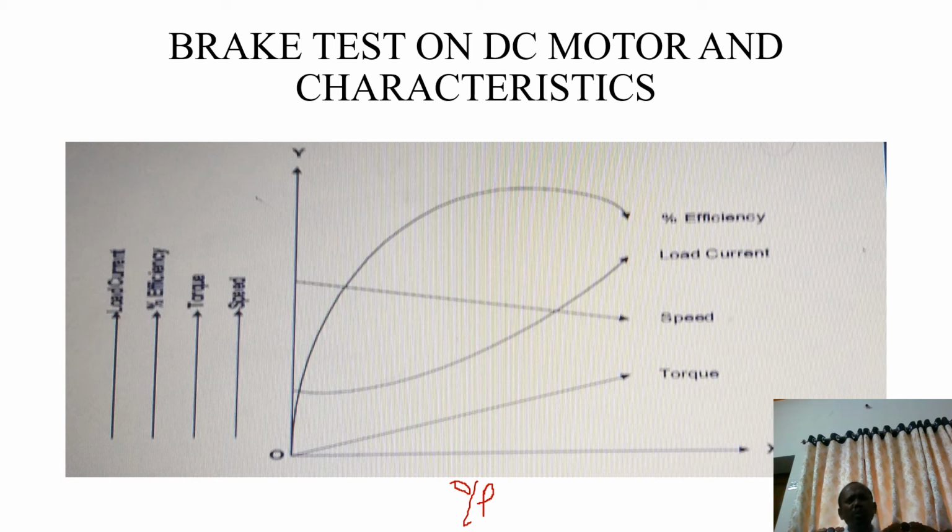When output power is very small, meaning zero, the speed is maximum. When load is applied, load current increases, output power also increases, but speed slowly decreases. This is the curve.